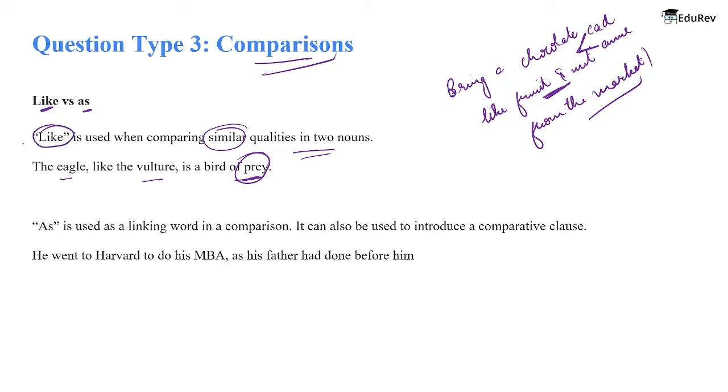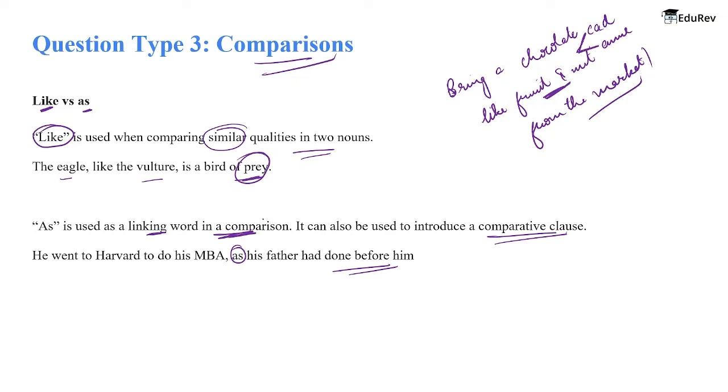like. Now as is used as a linking word in a comparison. As is a linking word. It can also be used to introduce a comparative clause. Now, an example is, he went to Harvard to do his MBA as his father had done before him.